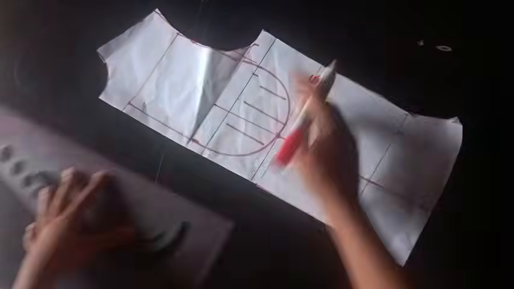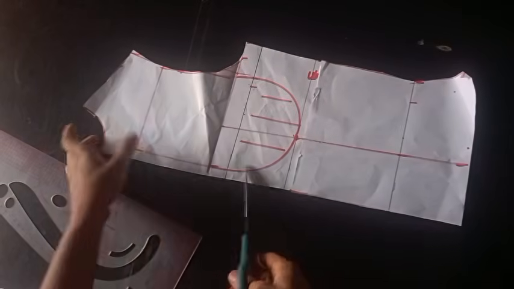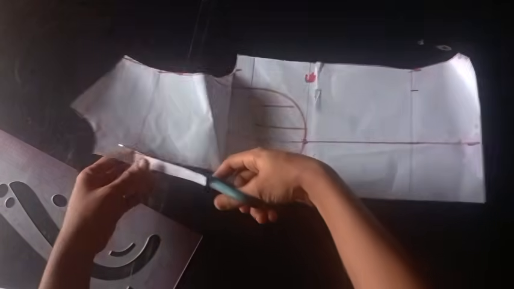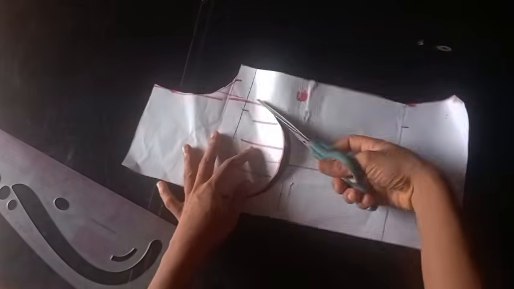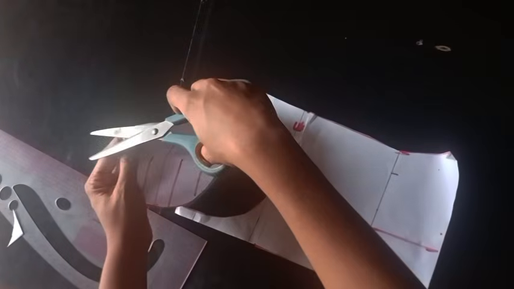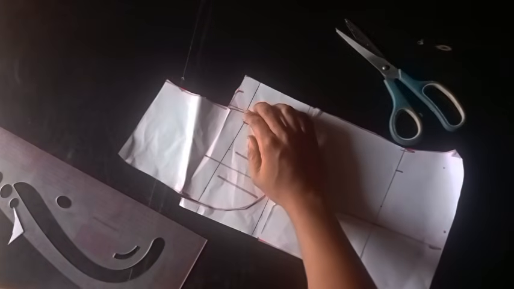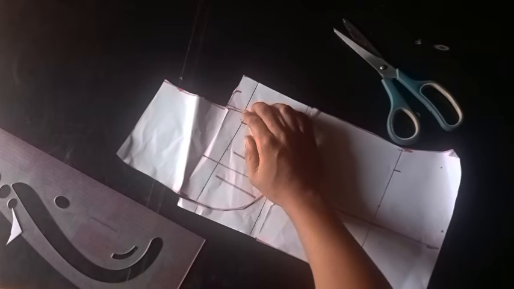Now at the under part, you need to slash and open it a bit to create a slight split at the under bust. Then I'll cut this out and then cut out the rest of my pattern. Note where your pattern will be meeting the chest line of your pattern, right?